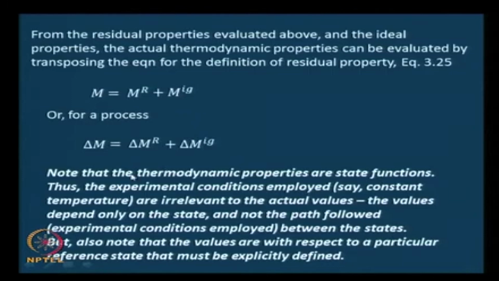We also noted that the thermodynamic properties are state functions, thus the experimental conditions employed, say constant temperature, are irrelevant to the actual values. The values depend only on the state and not on the path followed or the experimental conditions employed between the states, but also note that the values are with respect to a particular reference state and must be explicitly defined.